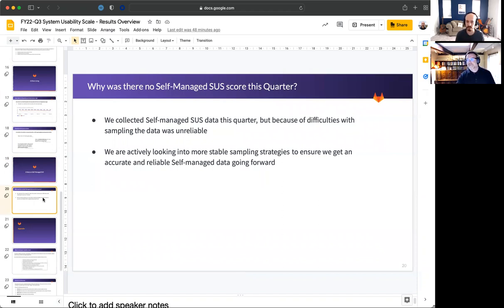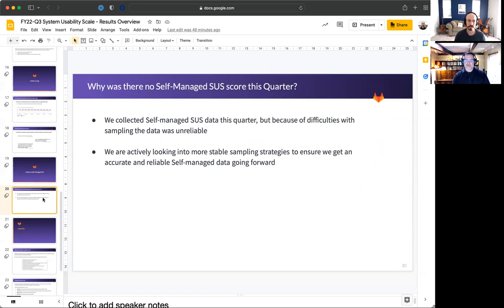I won't go into the details now, but the data we produced was unreliable and didn't produce an accurate score. We didn't want to post something that we couldn't replicate in future quarters, the sampling methodology, and also we didn't want to post an unreliable and inaccurate SUS score for self-managed users. That being said, we are actively looking into more reliable or stable sampling strategies to make sure we can get that accurate and reliable self-managed data in the quarters to come.